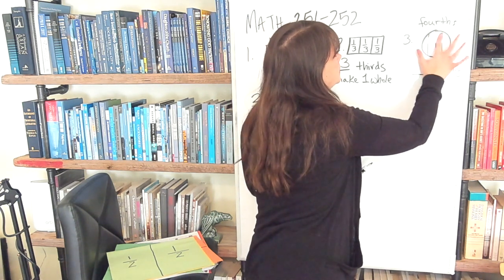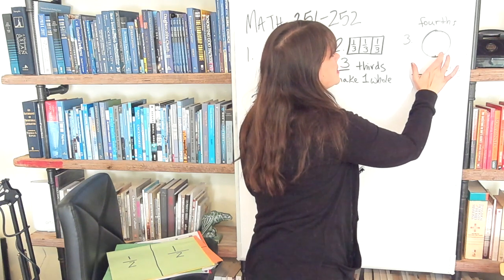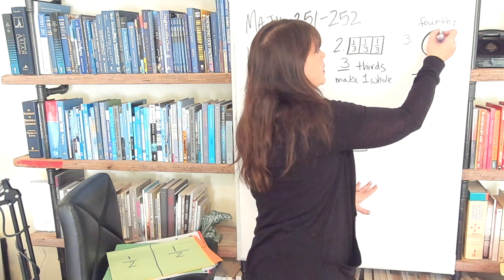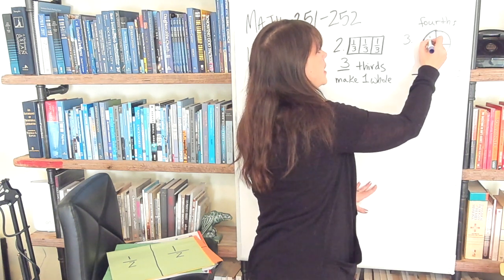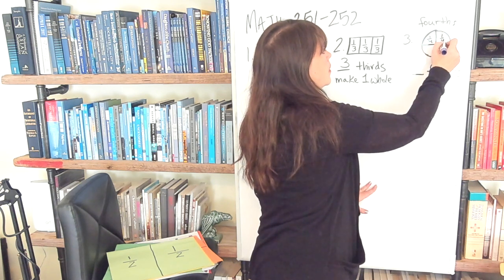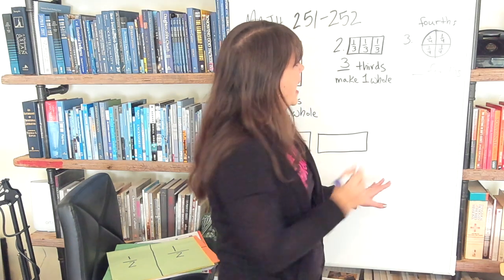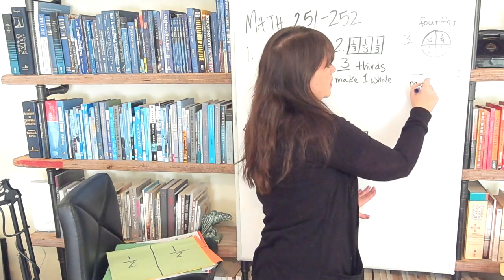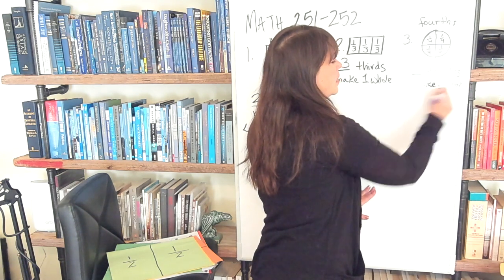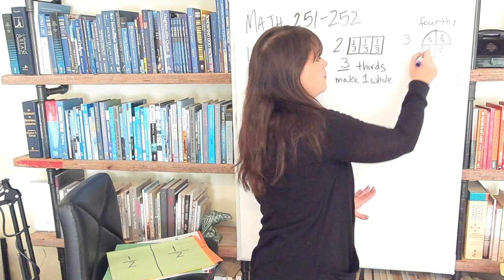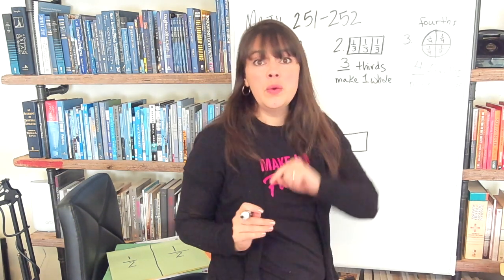A circle, you can think of it sort of like the way you would slice a pie or a pizza. Fourths. Now we can label them. 1/4, 1/4, 1/4, 1/4. And how many fourths make one whole? 1, 2, 3, 4. 4 fourths. So those 4 fourths make one whole circle.